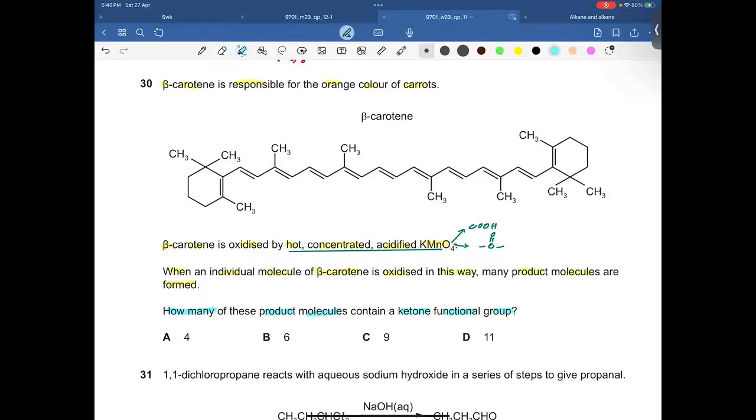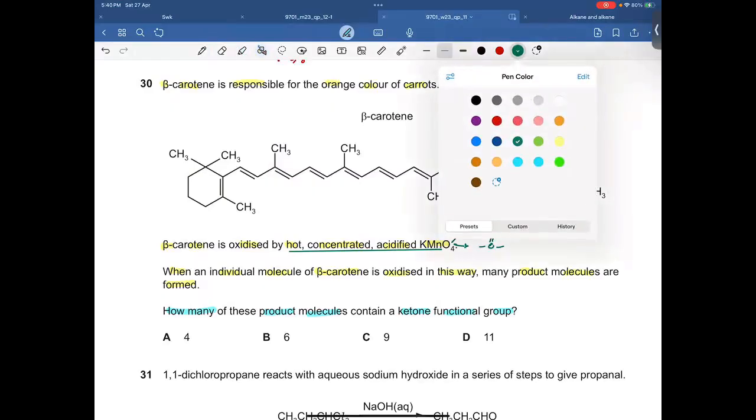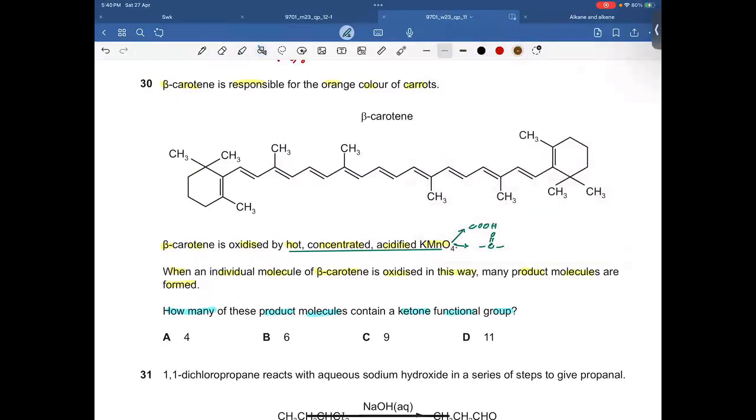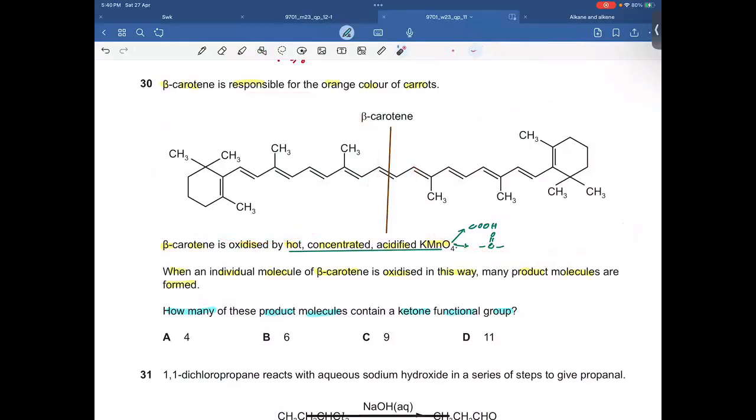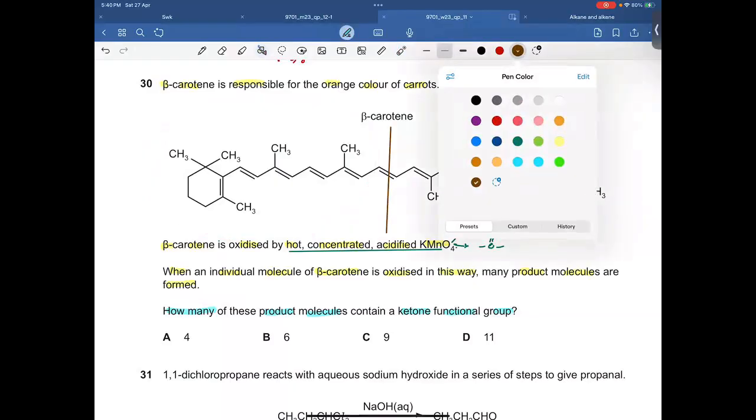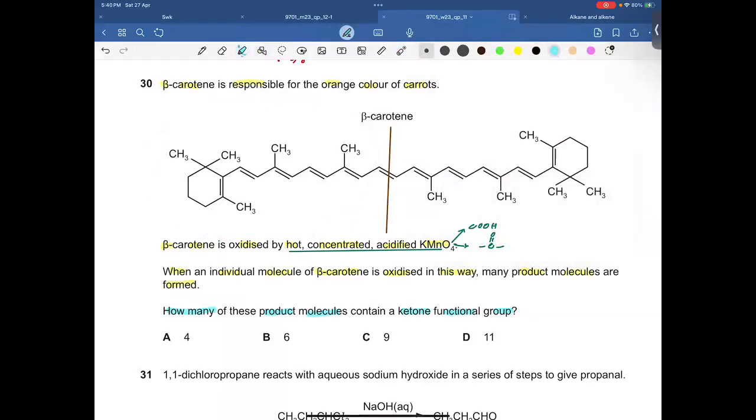Okay. Let me give you a shortcut and the simplest technique. Guys, as you can see, this molecule has a symmetry, right? This part of the molecule is similar to that part of the molecule. So from that perspective, I've told you one thing.